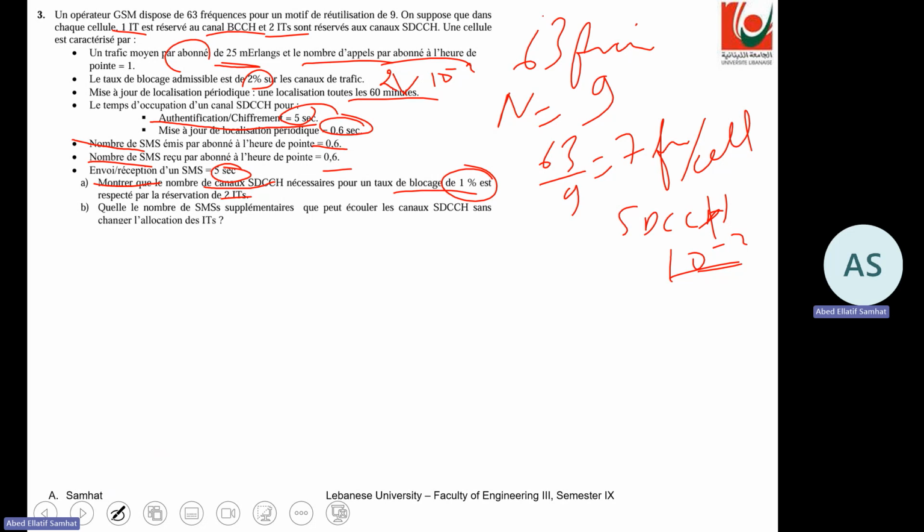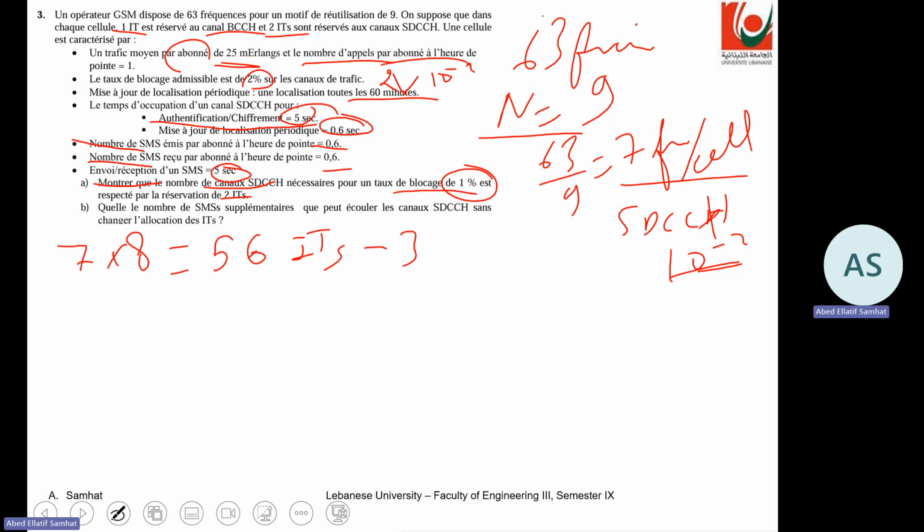So let's start by having the traffic. If we have 7 frequencies per cell, this means we have 7 times 8, which is equal to 56 time slots.